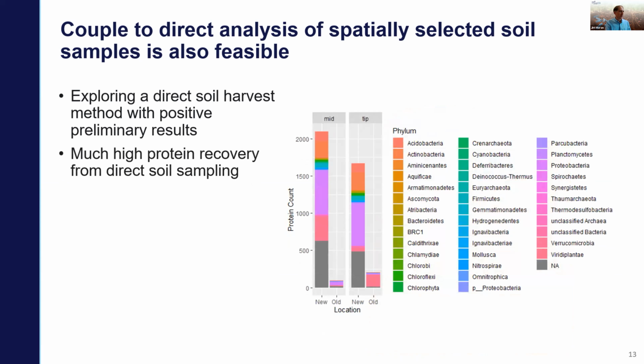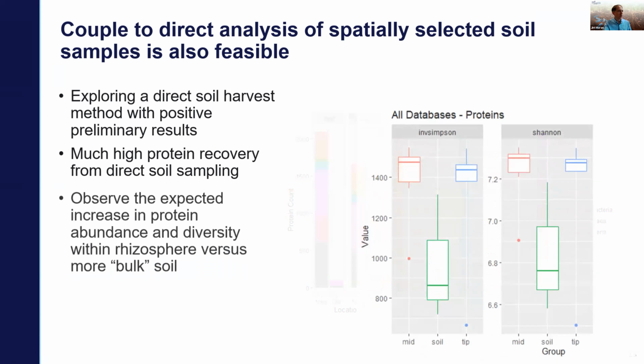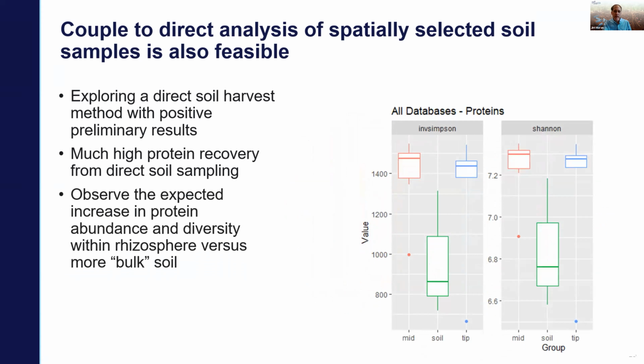Now, one of the great things about this technique is that we're getting very high yields. Looking at the mid-root and root tip, very similar to what we did before, you're seeing that with our quote-unquote new approach, the direct soil approach, we're getting a higher number of proteins that we're able to identify compared to the old. And we're also seeing really the expected proteomic diversity as you look at this.